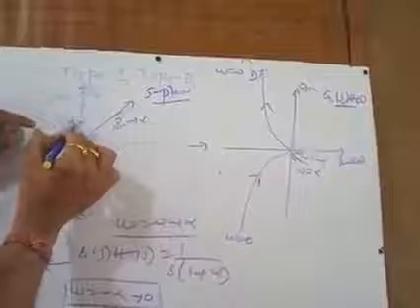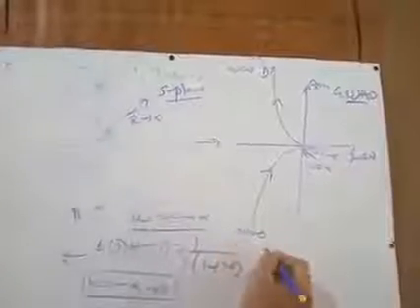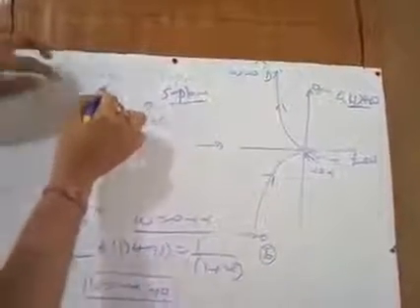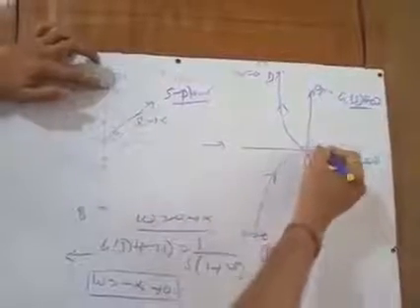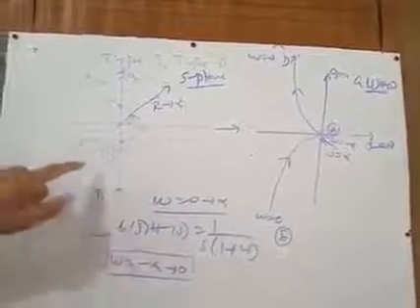E means 0, so 0 to infinity is from E to A, as we already discussed. So this point is your E point and the A point is at omega equal to infinity, so this will be your A point. And if this is your A point, now this is similar to the minus infinity.